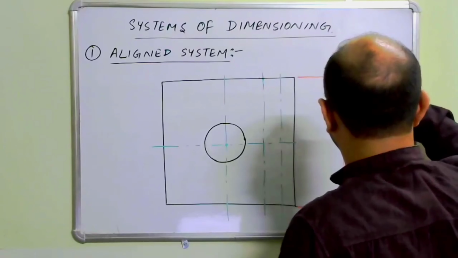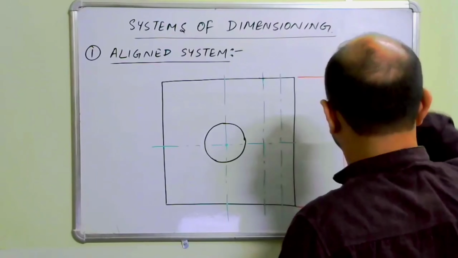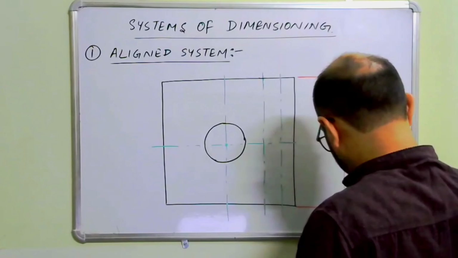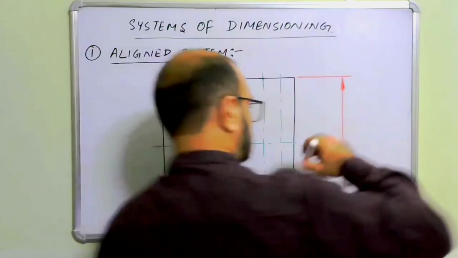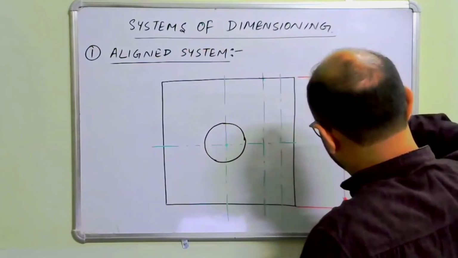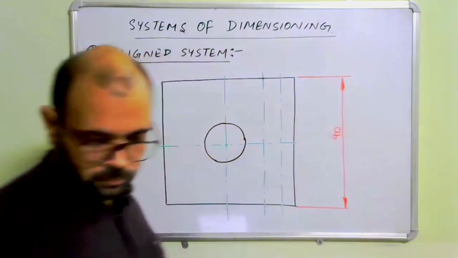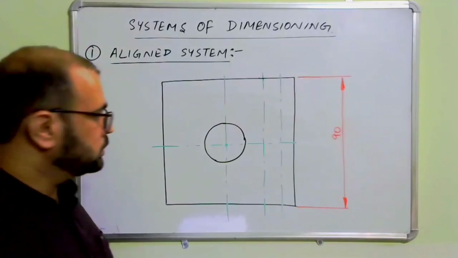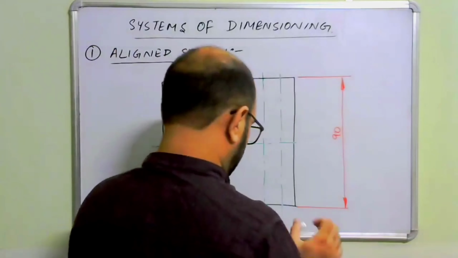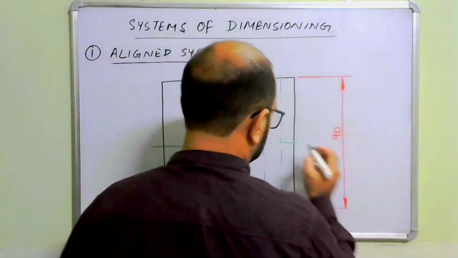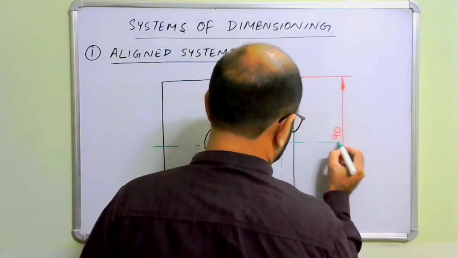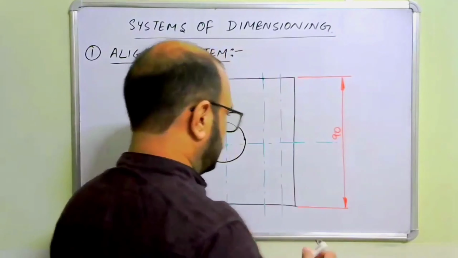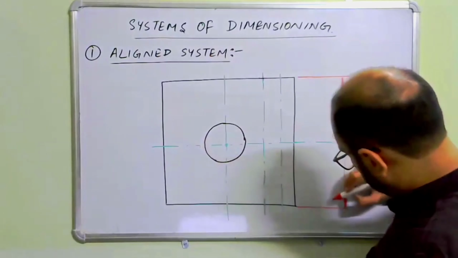Draw a dimension line. This is equal to 90. And from here also you have the center line. This is equal to 45.